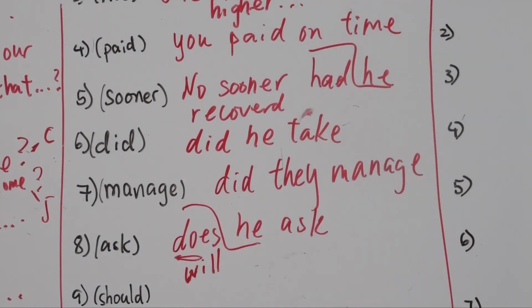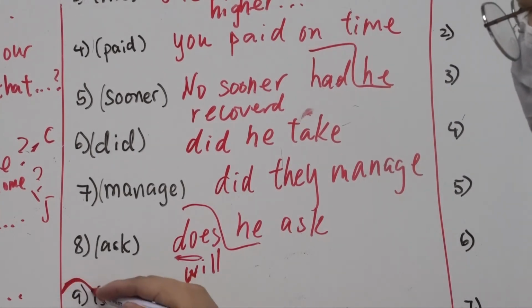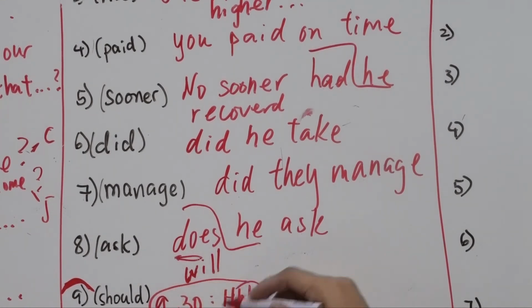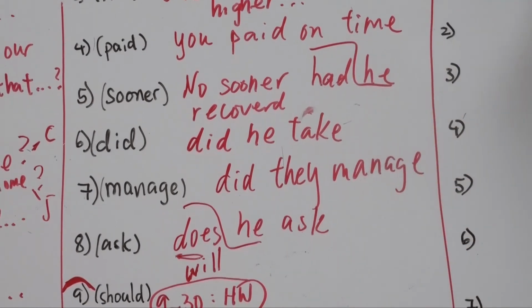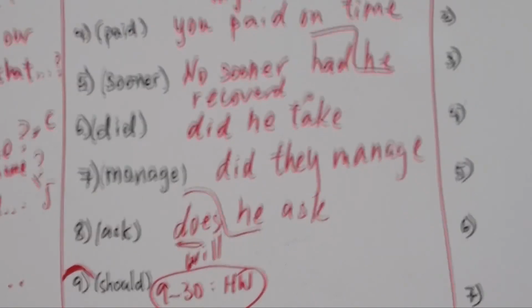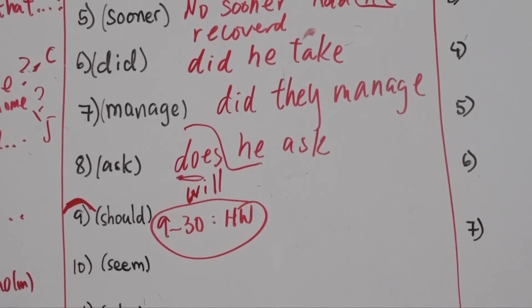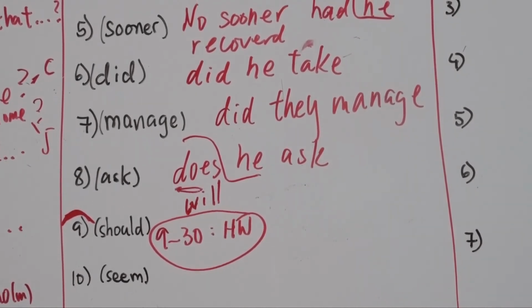Alright, so I'll give you 9 to 30, quite a lot, as homework. So from 9 to 30 is your homework, okay? We have words such as should, seem, else, realize, marched, as, sing, been, do, had, once, there, and so on from 21 to 30.